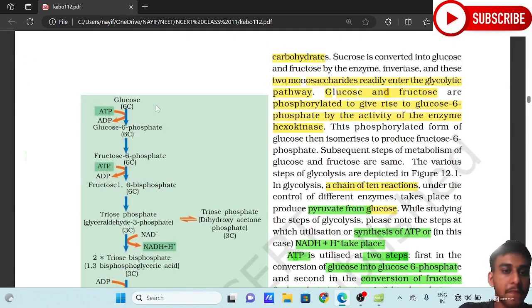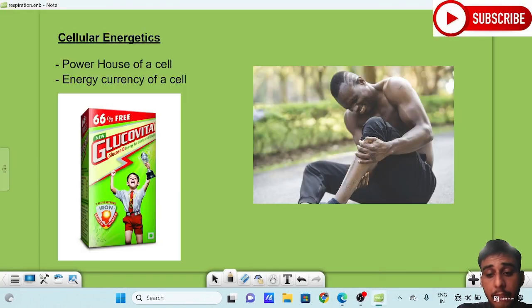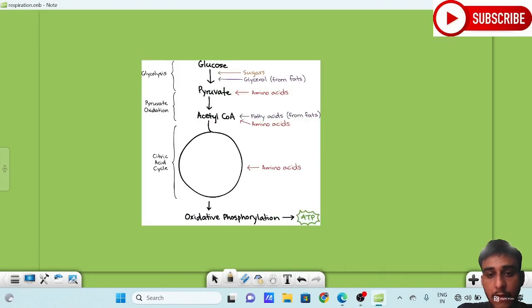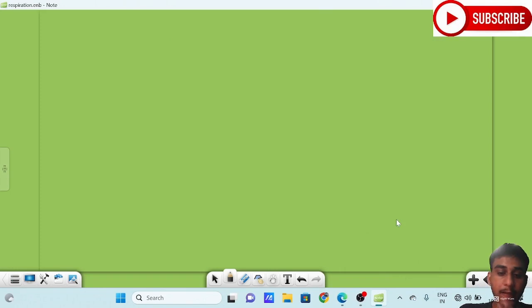So let's start. I think you got some basic idea. The first step is the conversion of glucose into glucose 6 phosphate. Just understand glucose to glucose 6 phosphate. I'm going to draw the structure. What is glucose? Glucose is a 6 carbon carbohydrate, right? I think you know the structure of glucose.